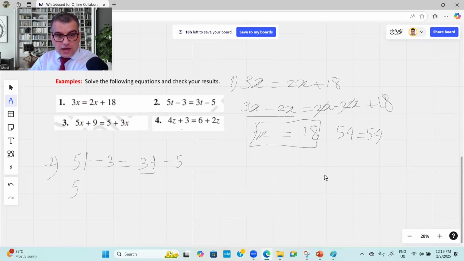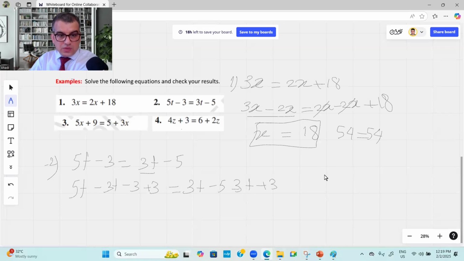You can write 5t minus 3t minus 3 plus 3, right? And on the other side we also have 3t minus 5, and add these two here also, minus 3t and positive 3, right?